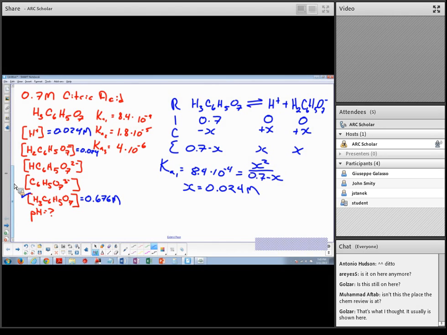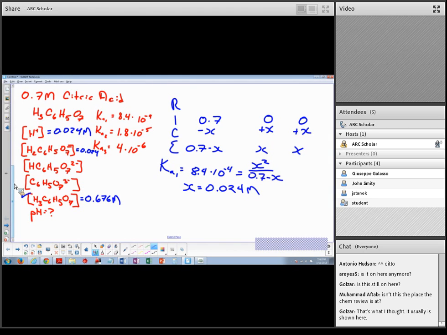What's going to be my next ICE table? This one? What's going to be my reaction? Okay, so I'm going to take the conjugate base that we created. Remember, it's still got 2 acidic protons that it can give up.